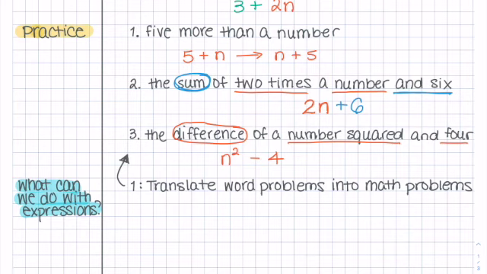Okay, the second thing we can do is we can evaluate the expressions. And I'll show you what that means because that's what our next page of notes is going to be. We can evaluate expressions, or finally, we can simplify expressions.